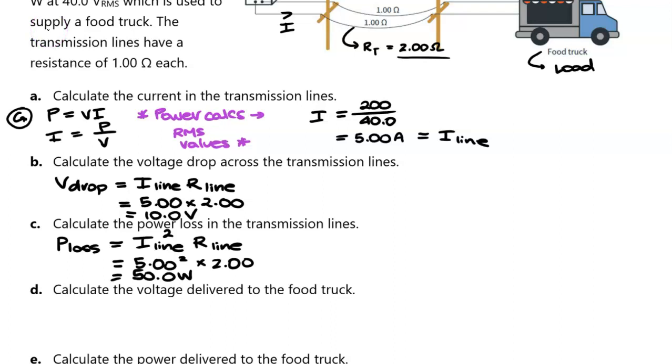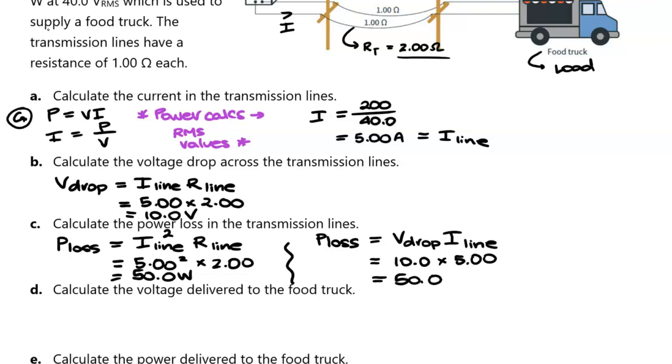Okay, there's other ways you could have calculated this, by the way. P loss, you could have also done V drop times I line. So the voltage drop in the line was 10 volts. The current in the line was 5 amps. So that would also have given us 50.0 watts. So 2 ways we could have done that.